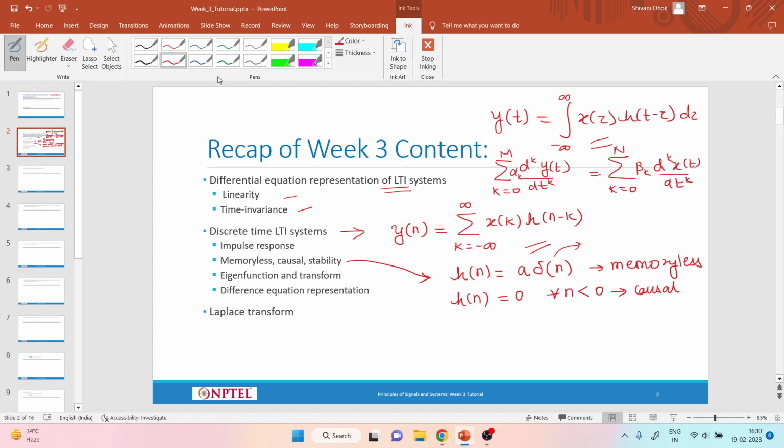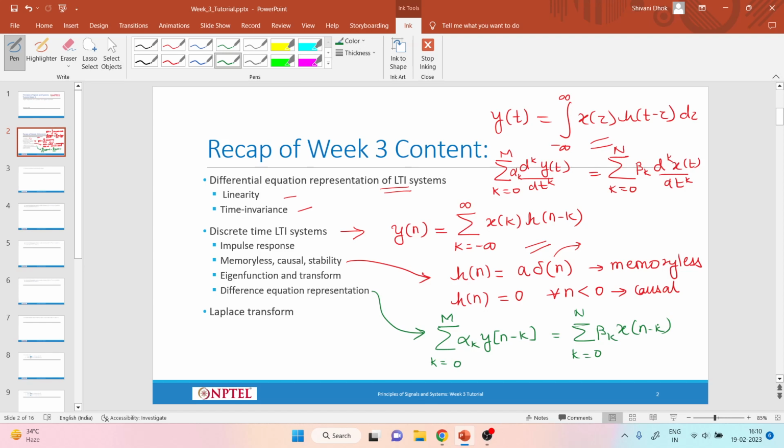But for discrete time systems, this gets converted to the difference equation representation, of the form summation k running from 0 to m alpha k y of n minus k, which is equal to summation k running from 0 to n beta k x of n minus k. This was the difference equation representation.